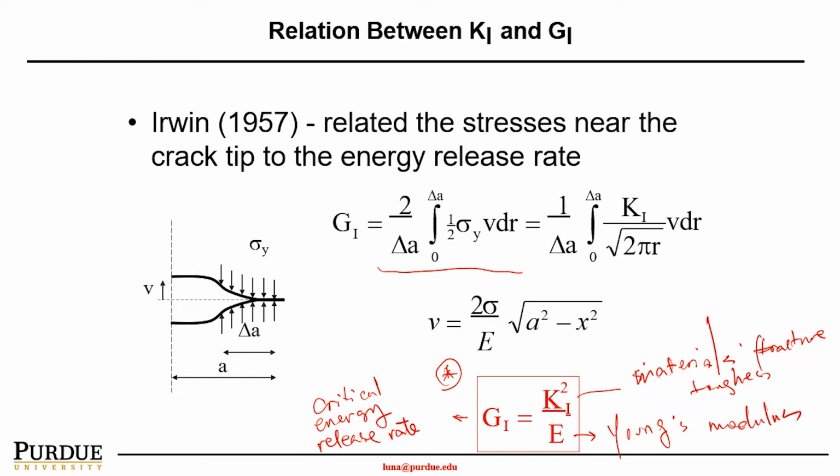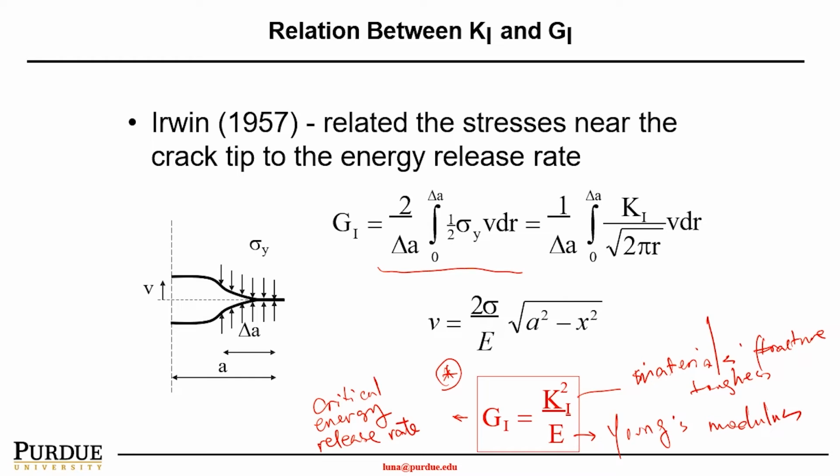Basically, the critical energy release rate builds a bridge, defining a relationship between the material's fracture toughness and its elastic stiffness, Young's modulus.